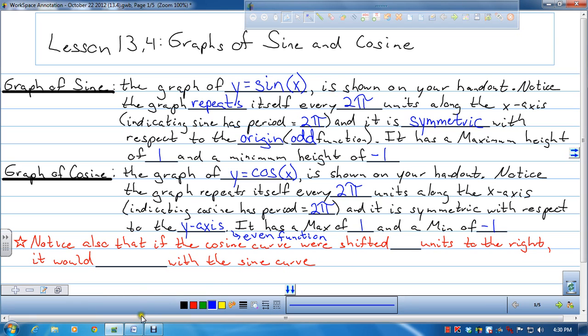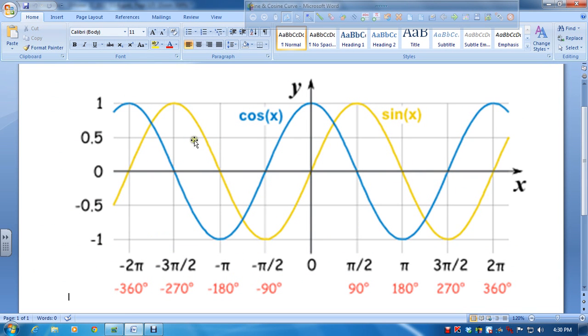So what you'll notice is these graphs are very similar. They look to be the same, only one is shifted, isn't it? If we were to shift this point right here and have the whole curve of sine follow it, if we were to shift this direction, so I moved it pi over 2 units, it would be an exact same image as cosine.